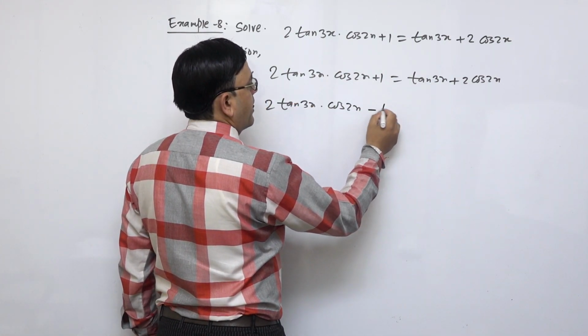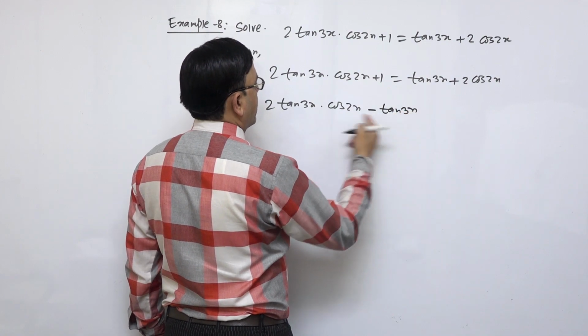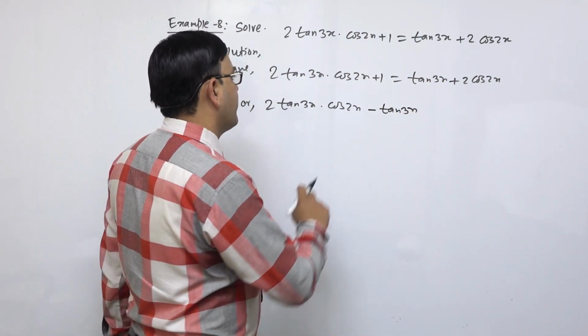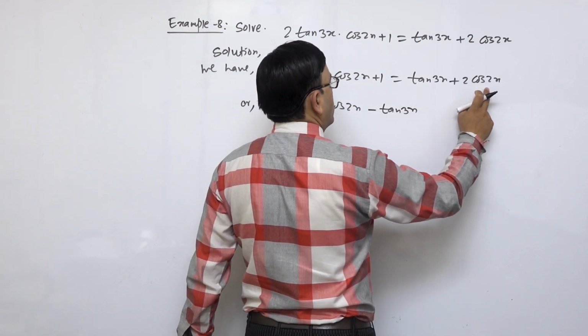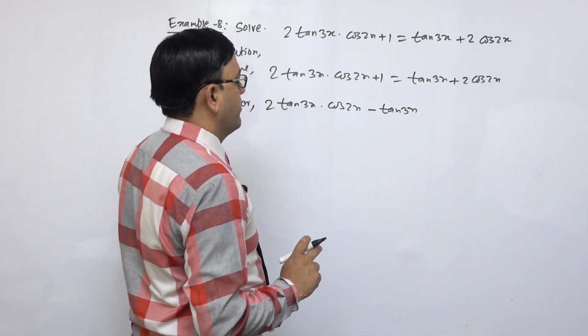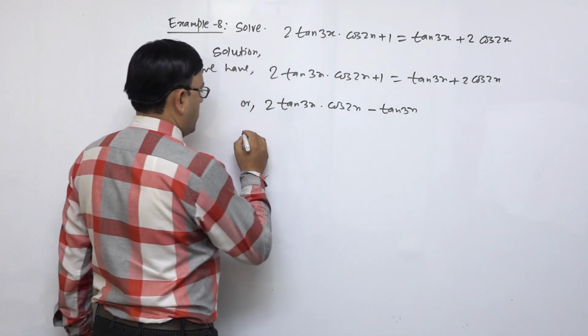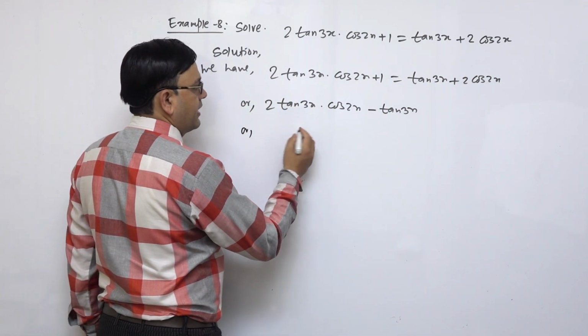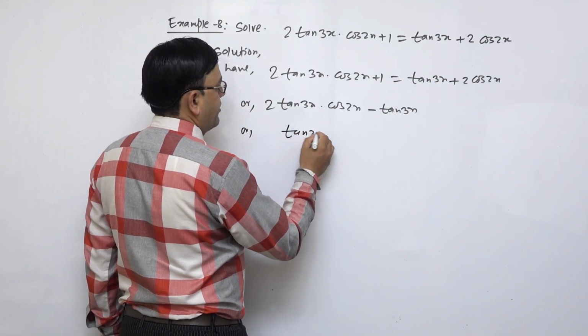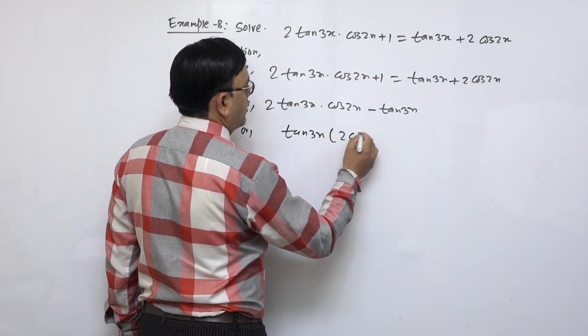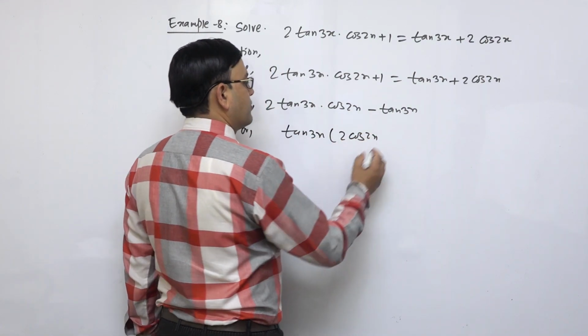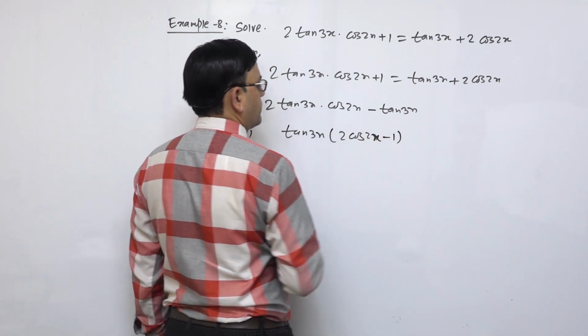If we put it here minus tan 3x, we can take common, and here is cos 2x, and here is also cos 2x. Once again, here is tan 3x. So if we take tan 3x common, then 2 cos 2x minus 1 will remain here.